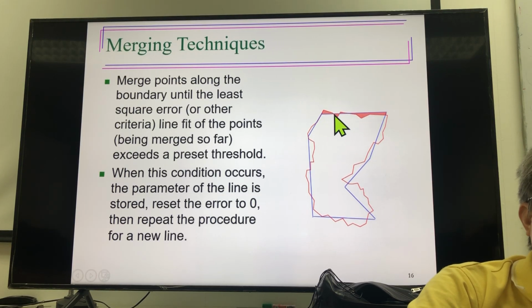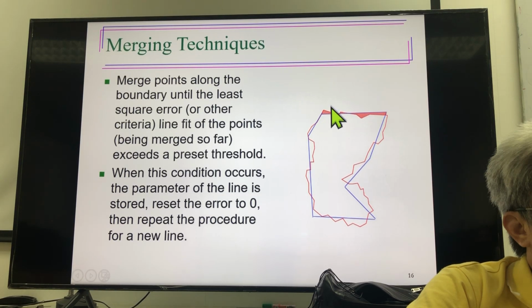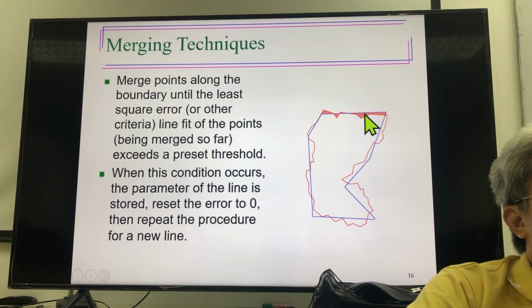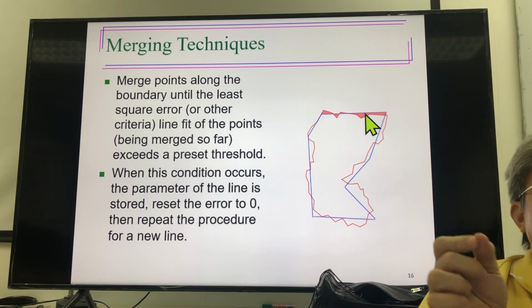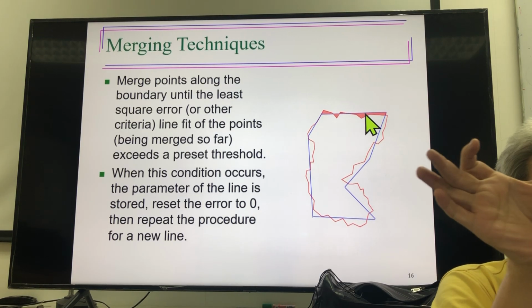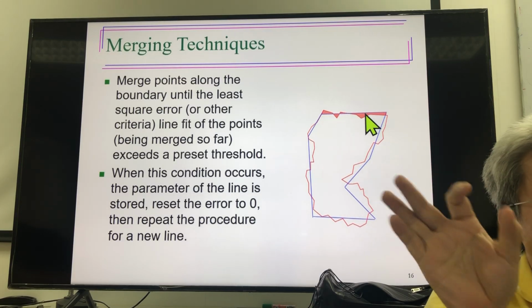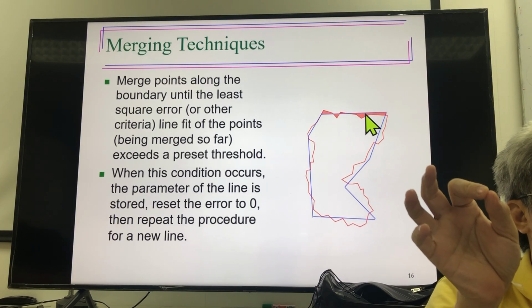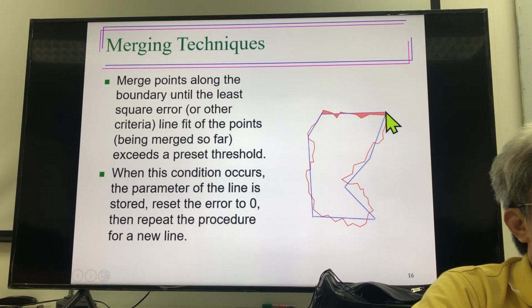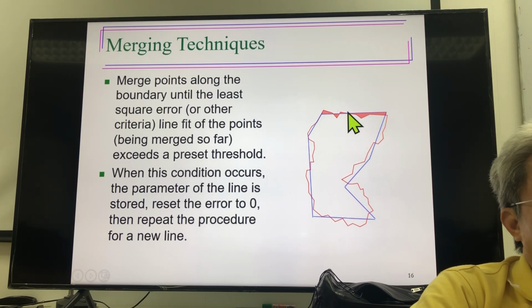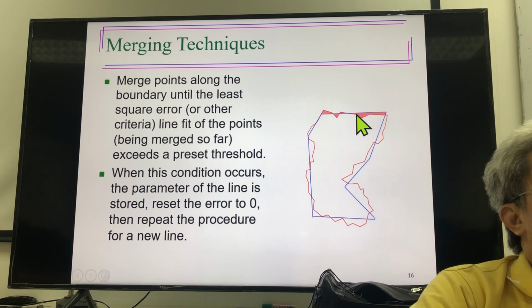Once you draw the line, there will be errors, and you accumulate the error until it reaches a certain threshold. You add more to the line and more error, until the error reaches the threshold, and then you stop. You form a straight line along that boundary, and then you repeat it again.